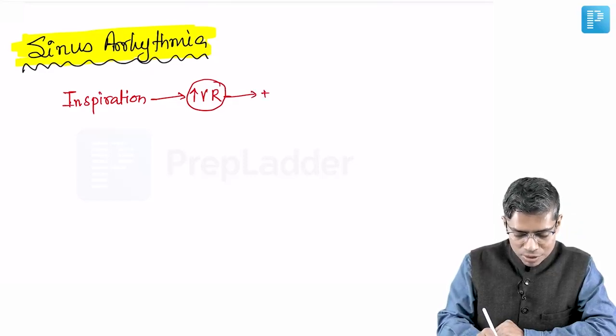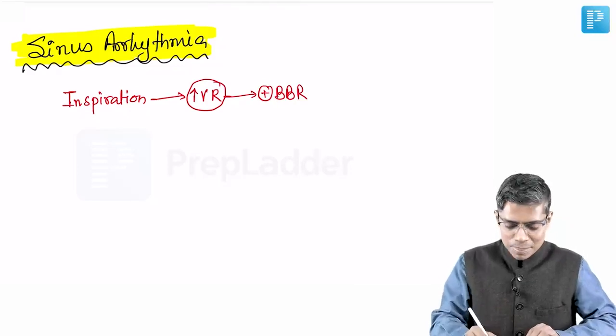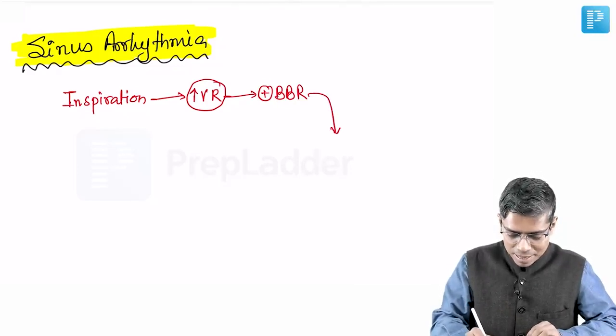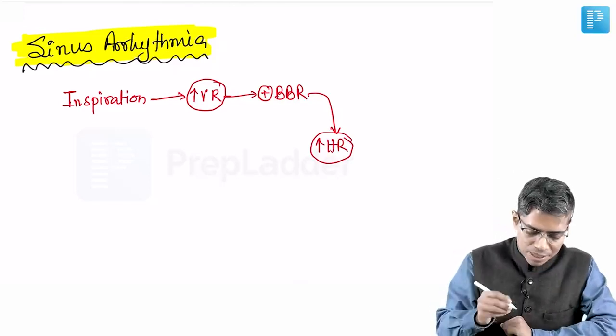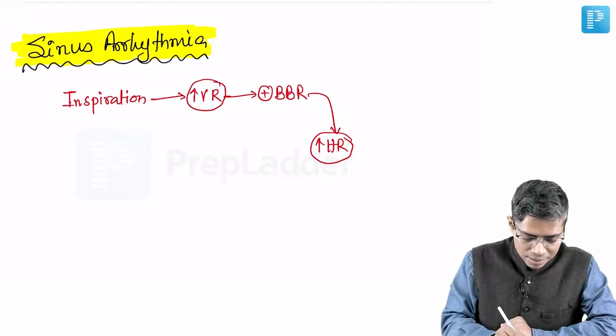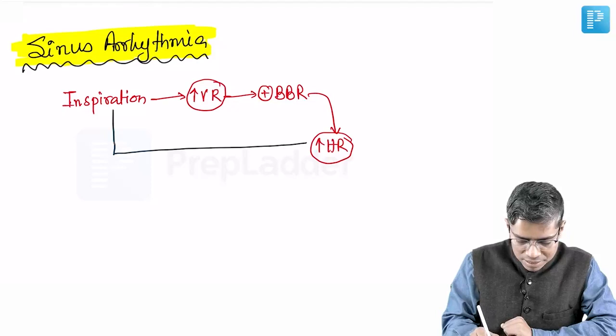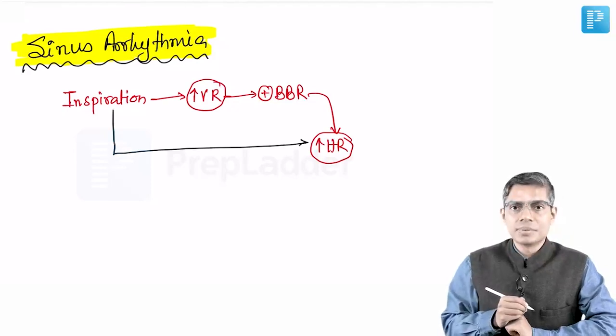Now with increased venous return to the right side, what reflex is going to be activated? Bainbridge reflex is going to be activated. If Bainbridge reflex is active, what will happen to heart rate? The heart rate is going to be increased. Not only that, during inspiration there is a direct signal from the respiratory center to the cardio-inhibitory center.